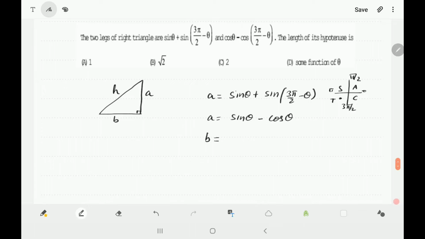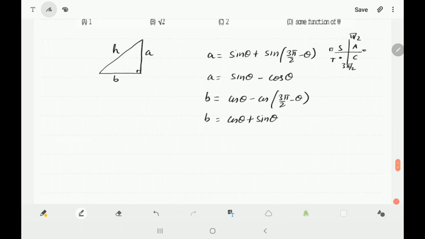So B is cos theta minus cos of 3 pi by 2 minus theta. Okay, now 3 pi by 2 minus theta again will be in the third quadrant. So it will be cos theta and it will open up negative. So odd multiple of pi by 2 will change the cos and sine. So it will be cos theta plus sine theta. Now we have to find the hypotenuse. We already know hypotenuse is under root of a square plus b square.